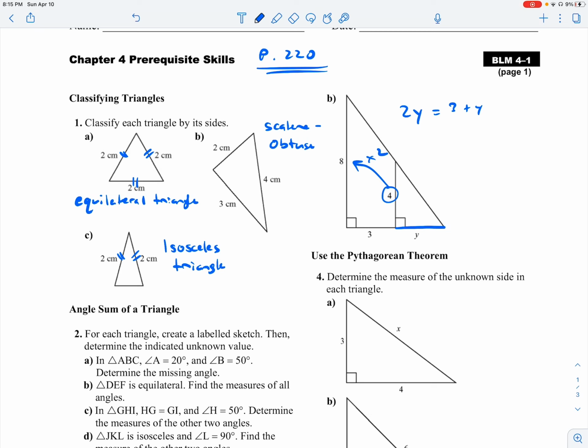So now I need to solve for y, so I can subtract y on both sides. That 2y minus y works out to just 1y. So we have y equals 3. Okay, which makes sense because if this is 3, this one is going to be twice as long, and there'll be 3 left over.